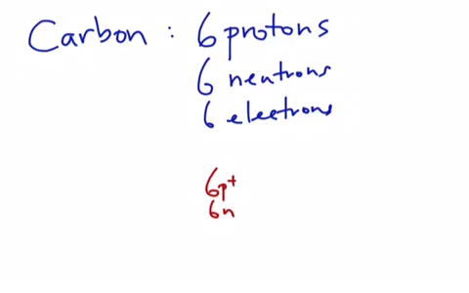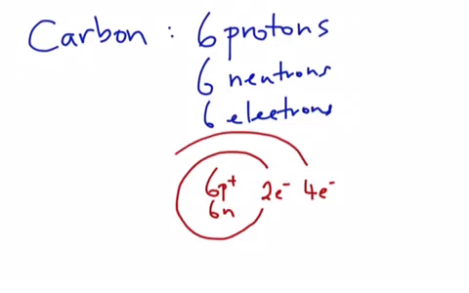So we will place 2 electrons in the first shell around the nucleus. But carbon has 6 electrons, so we have another 4 to place. So we will place the remaining 4 into the second shell. And that's it. That's the 6 electrons for carbon. So this is a simple representation of the carbon atom.